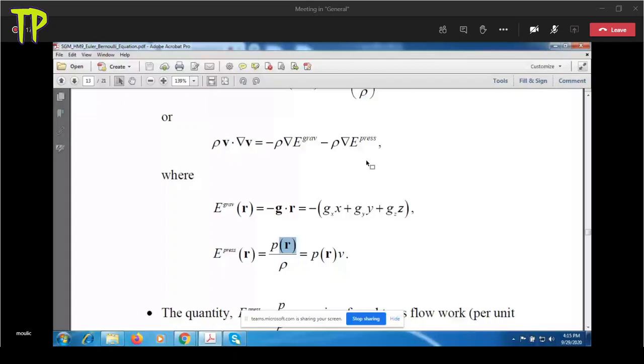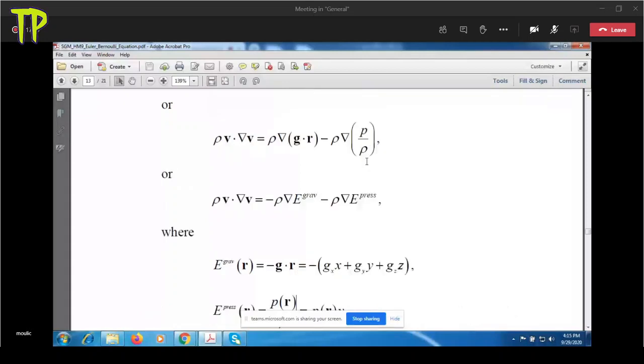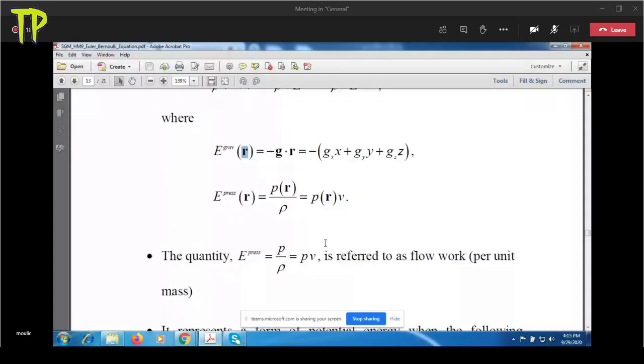So whenever you can write the force as grad of a scalar potential, which depends only on the position, then you can call it an energy. And P upon rho I can also write as P times the specific volume V. And you may recall from your thermodynamics course that P multiplied by V is referred to as flow work, or to be more precise, the flow work per unit mass.